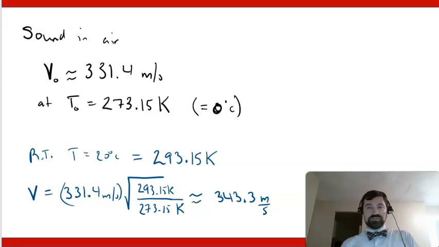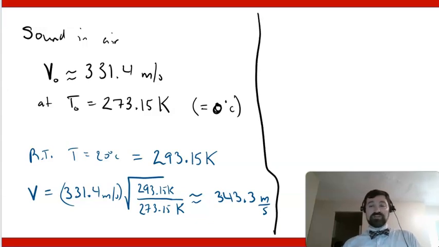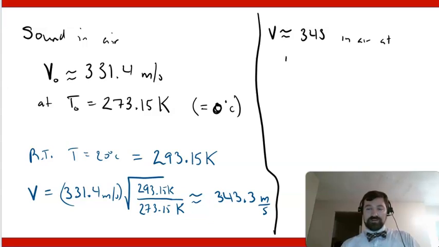So usually what we end up doing is we say speed of sound in air at room temperature, by the way, 1 atmosphere of pressure, that's also important. Speed of sound, V, is about 343 in air at room temperature.